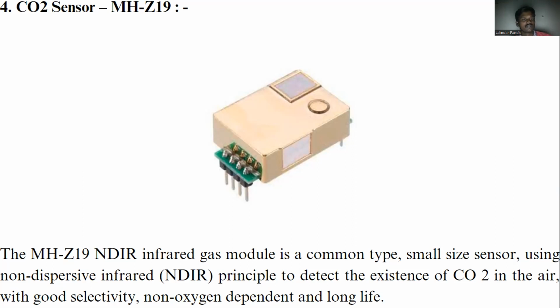The sensor uses a non-dispersive infrared principle to measure CO2 in the air, where an infrared source directs light through the tube.